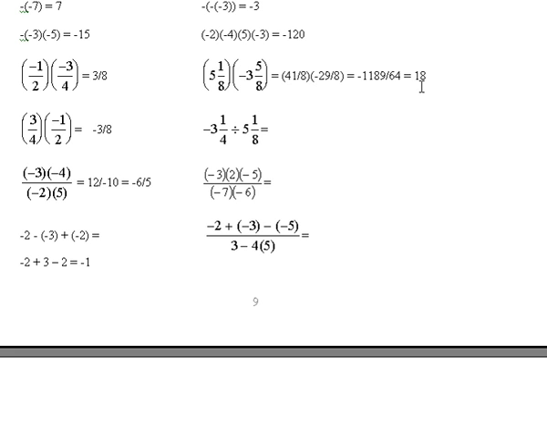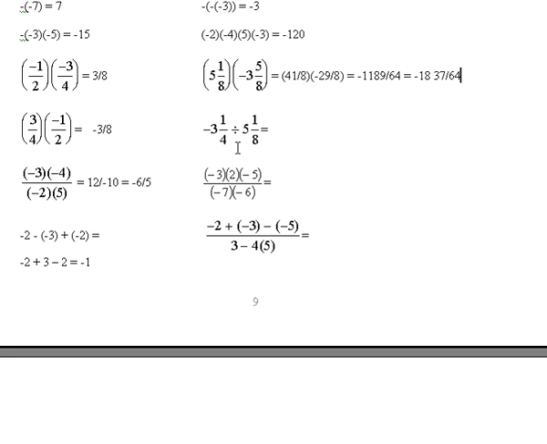Actually it would be negative. Let me put the negative in there. So let me check this here a second. Let me take the 64, and when I take that 64 into the 1189, it goes 18 times and 37 remainder, so 37 over 64. Sorry about that horrible problem right there.